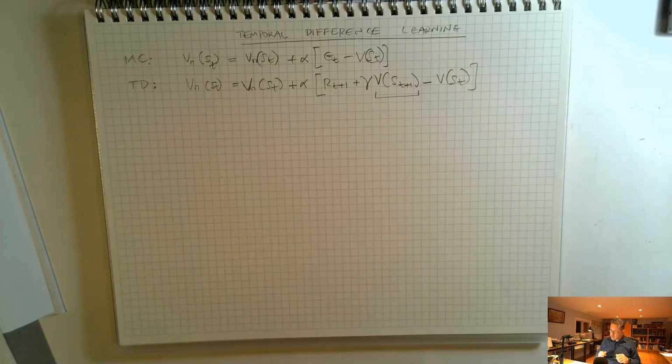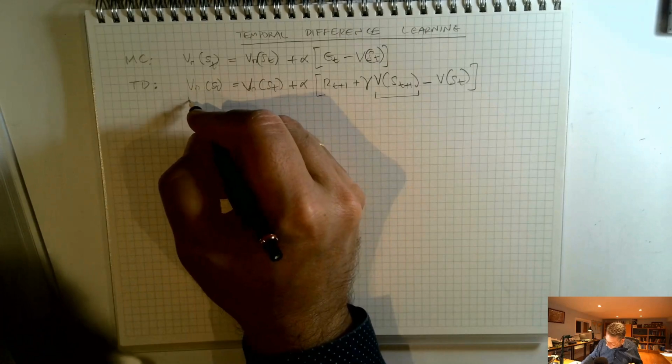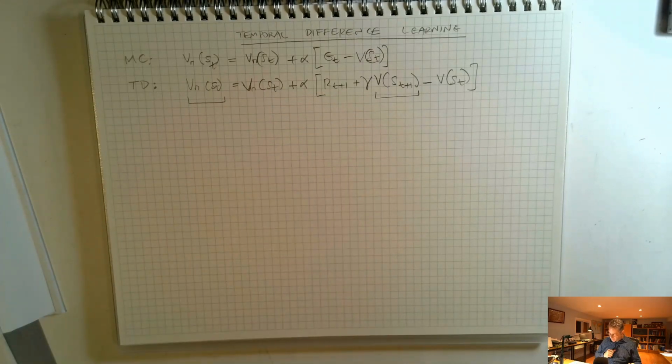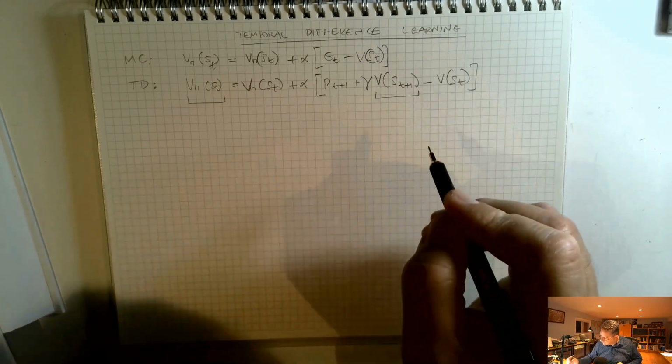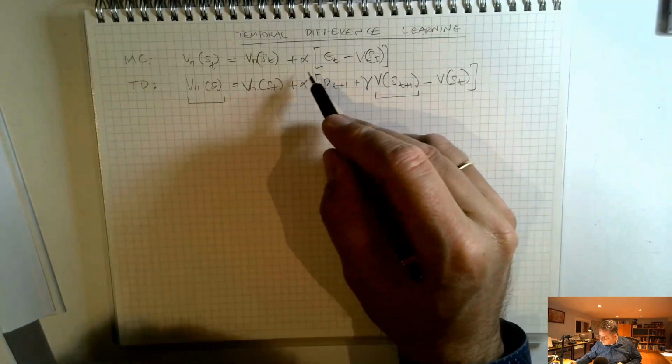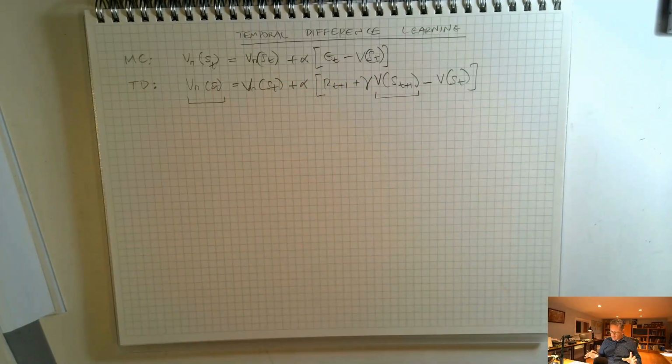We are using the value function of the next state and its estimate in order to bootstrap the value function of the state that we are interested in. At the same time, we are maintaining the Monte Carlo approach, in the sense that we are still generating experiences that we would like to consider in that evaluation.